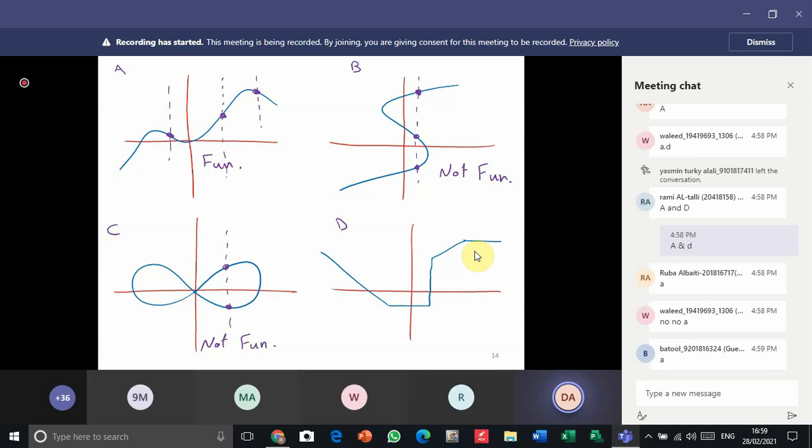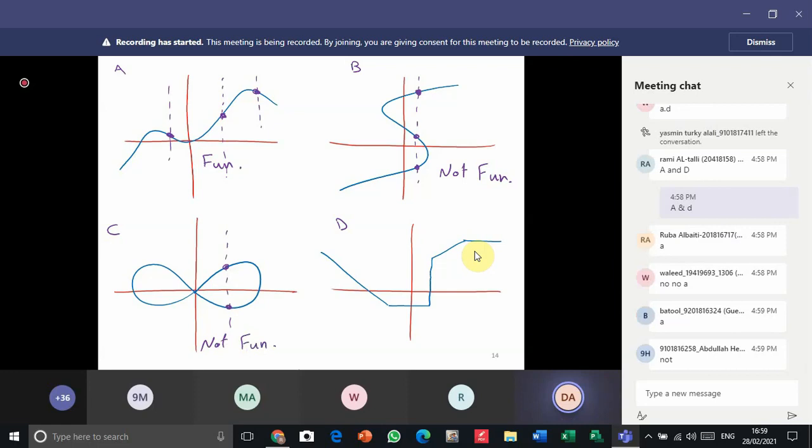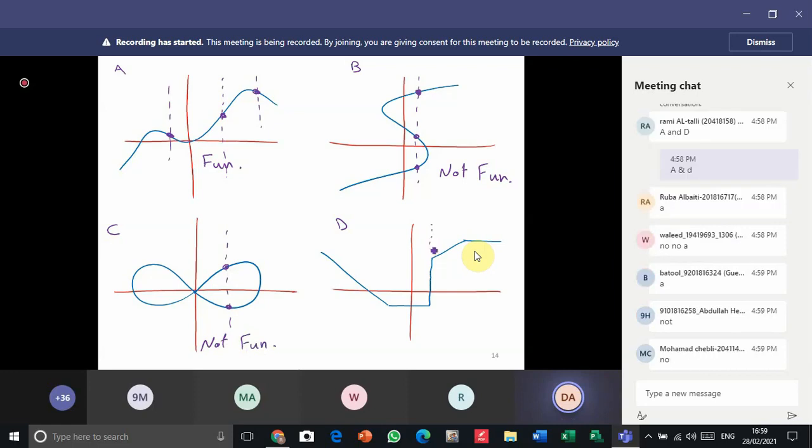D is not a function. Why? Look at this vertical line. We have a vertical line that lies on the line in the graph, so we have many intersection points between the vertical line and the curve. So this is also not a function.